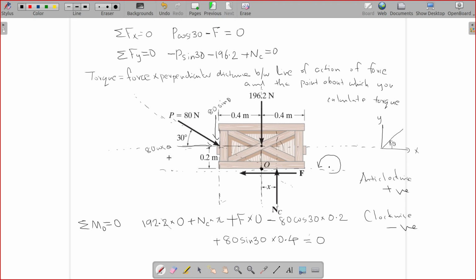That's also not possible. Here you go ahead and find out all these unknowns and see whether you get values that make sense. Okay, any questions here?